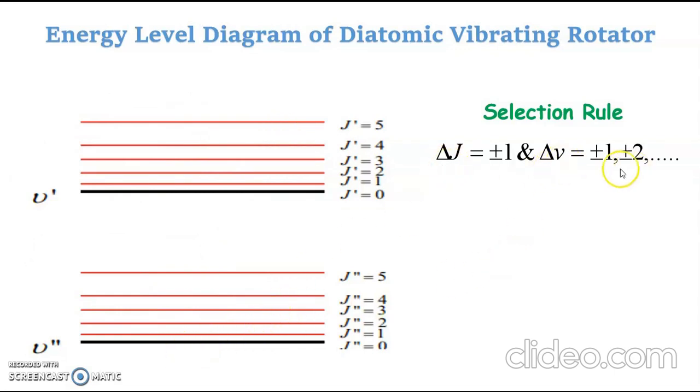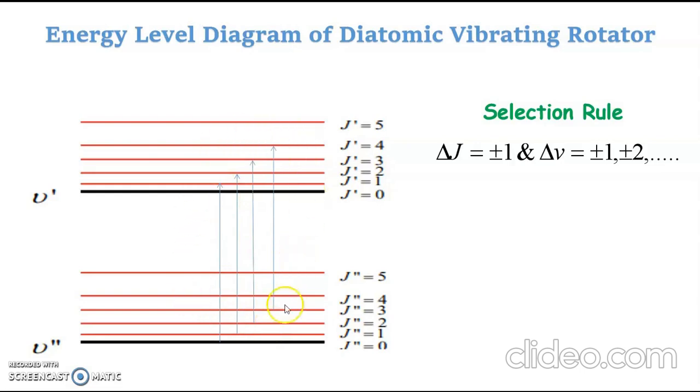For delta V equal to plus 1, we can expect transitions from the ground state V double prime to V prime, the first vibrational level, where delta J can be plus 1 and delta J can be minus 1. That is, transitions can occur from J double prime 0 to 1, 1 to 2, 2 to 3, 3 to 4.